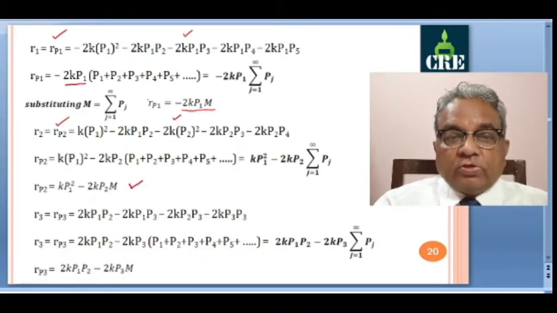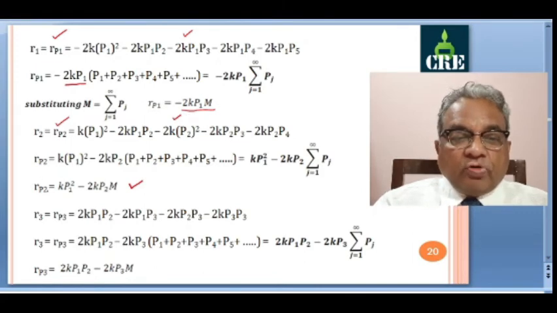So rate of formation of P1 is minus 2k P1 m, rate of formation of P2 is k P1 square minus 2k P2 into m. Now let us write rate of formation of P3.